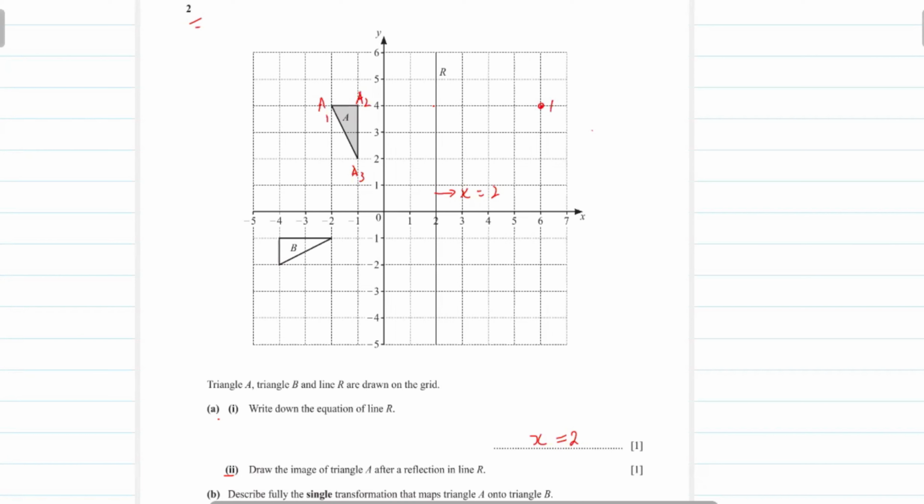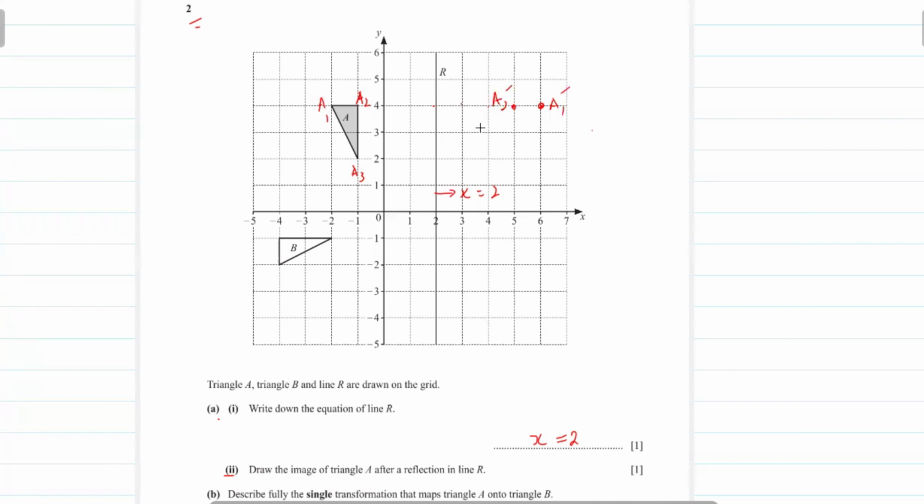This is A1 dash. A2 is 3 units away, therefore we mark A2 dash on the right side 3 units away: 1, 2 and 3.